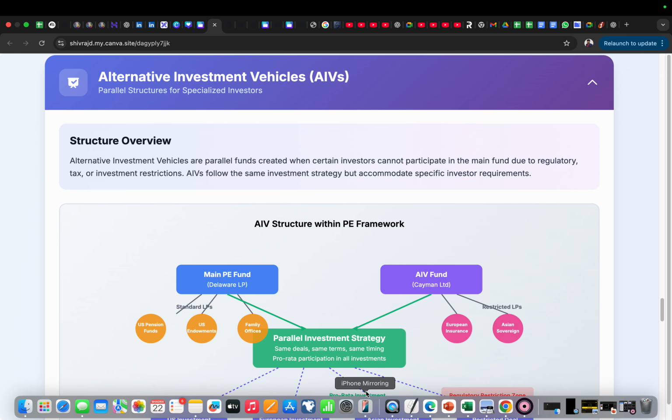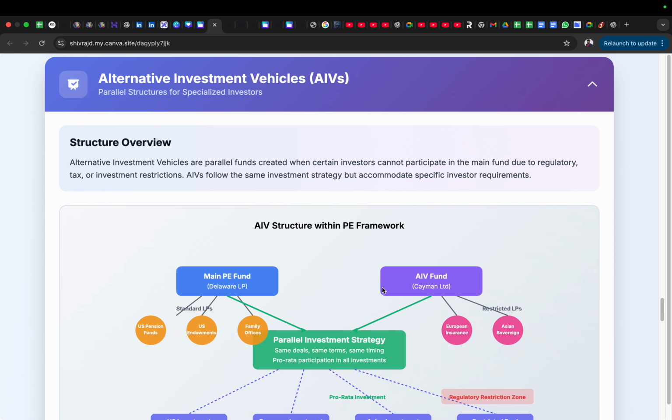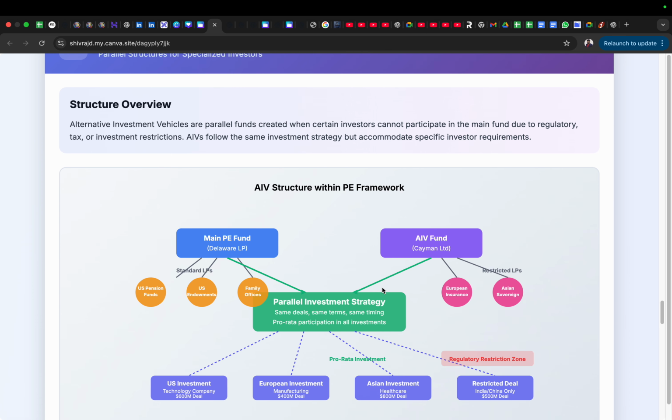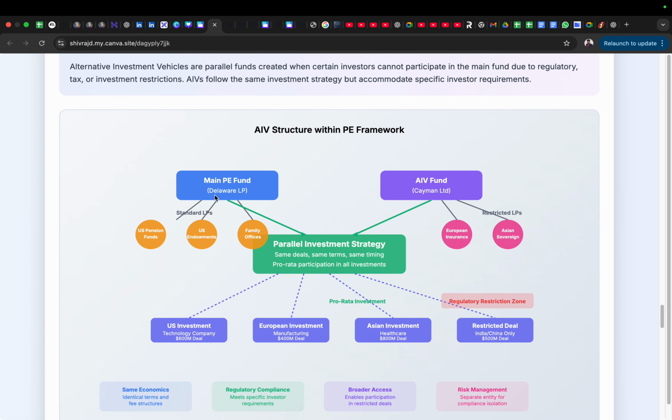And then if we talk about, let's say, alternative investment vehicles, a parallel structure for specialized investors. Alternative investment vehicles are parallel funds created when certain investors cannot participate in the main fund due to regulatory, tax, or investment restrictions. AIVs follow the same investment strategy but accommodate investors in a different way. Let's say here we have a main fund registered in Delaware and another AIV, meaning a similar fund registered in Cayman.